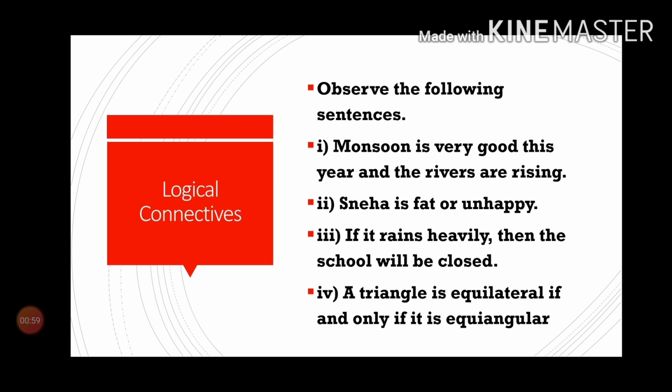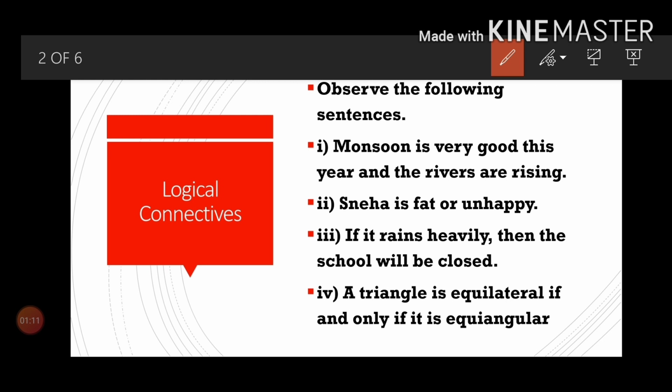Monsoon is very good this year and the rivers are rising. In this example, 'and' is the first connective. Next, Sneha is fat or unhappy; 'or' is the second connective. Third example, if it rains heavily, then the school will be closed.